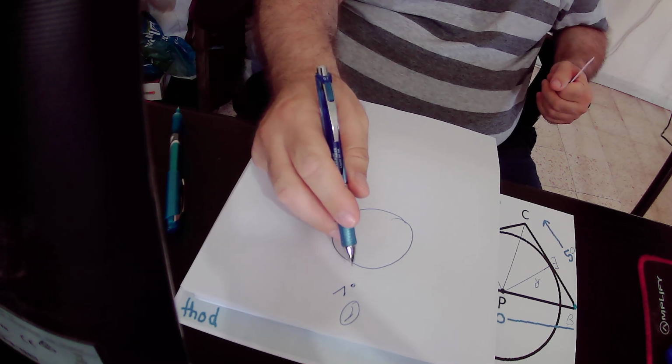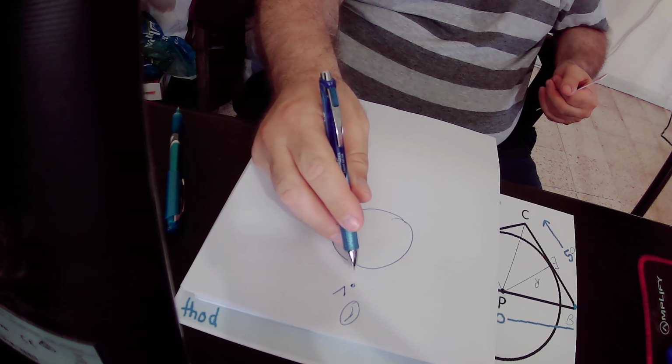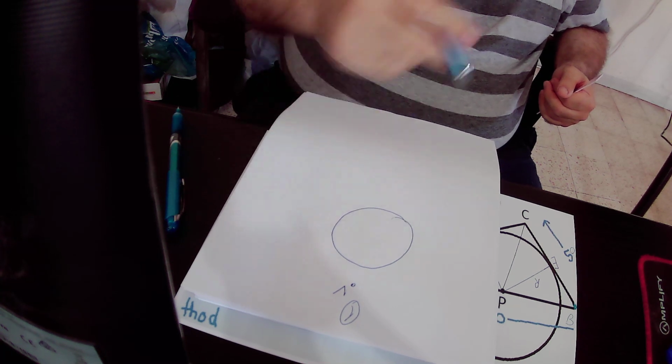For that reason it is called an external point of the circle.